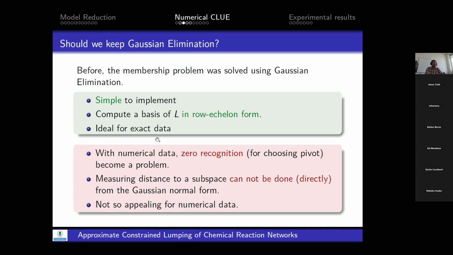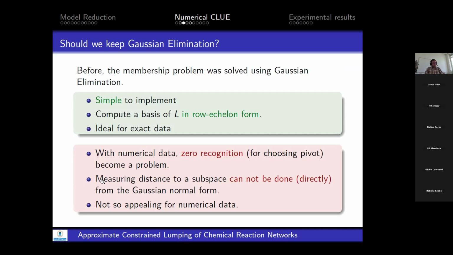But with numerical data, as I'm saying here, there are several issues with Gaussian elimination. First of all, if you have numerical noise, zero recognition becomes a problem because you cannot say if something is actually zero, since you may have 10 to the minus 16, 10 to the minus 9. These numbers are kind of zero, but they are not zero. So what can you do? It's a bit tricky.